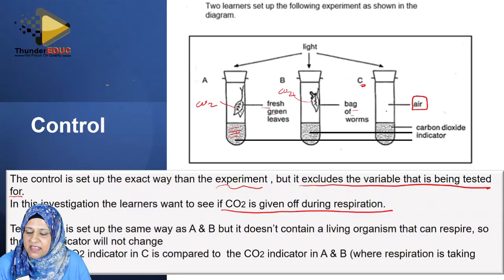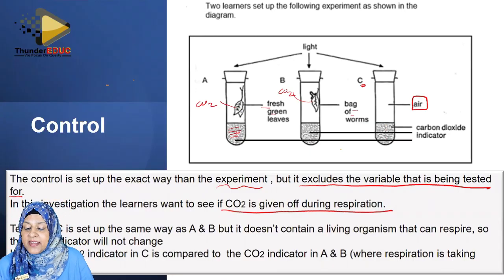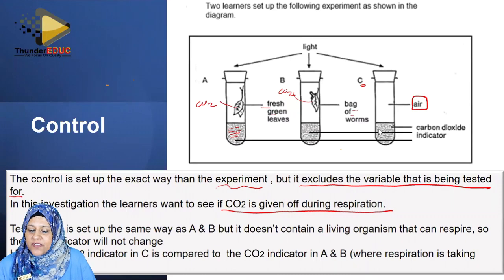Is there anything here? We are testing for CO2, therefore CO2 is removed from this test tube. We have plain air, right? This air will not have carbon dioxide, okay? So now we will look to see what happens. In test tube A, this clear lime water turns milky.